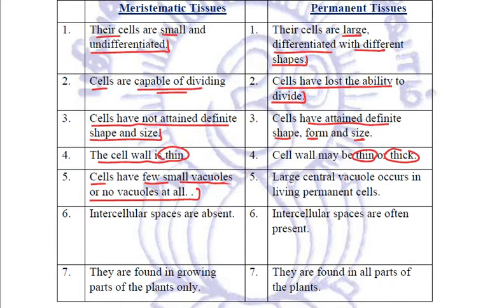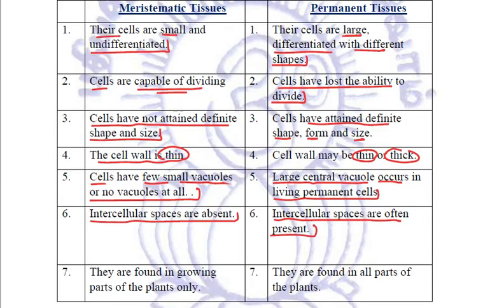But when we talk about permanent tissues, there is a large central vacuole which occurs in living permanent cells. In meristematic tissue, intercellular spaces are absent. But in the permanent tissues, intercellular spaces are often present.